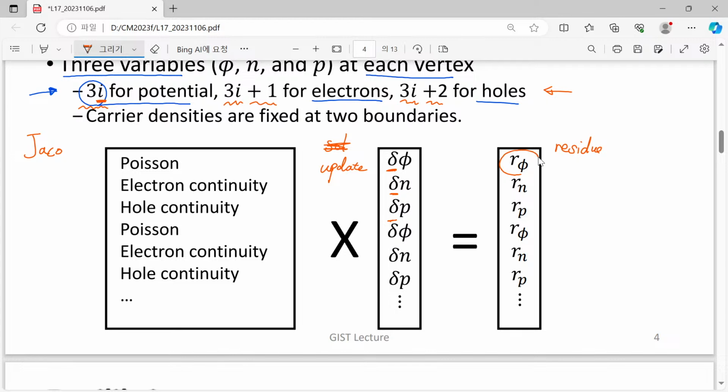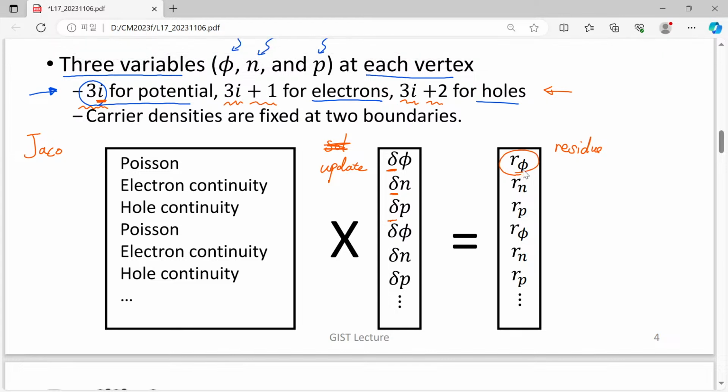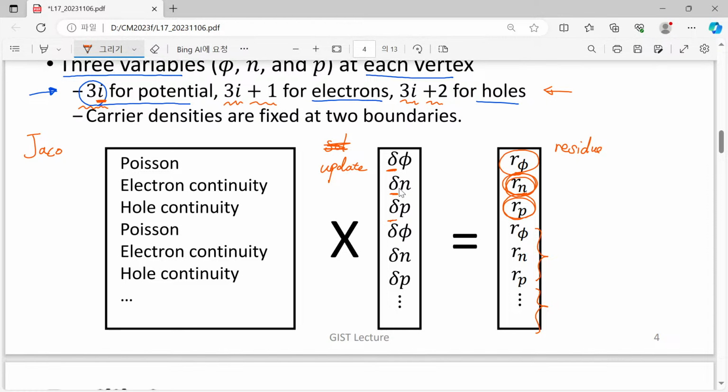This is the Poisson equation evaluated at zeroth point, this is electron continuity evaluated at zeroth point, and hole continuity at zeroth point. And at the first point we have another triple. So this is the residue, and here we have Poisson equation.